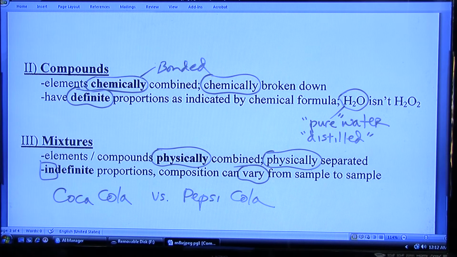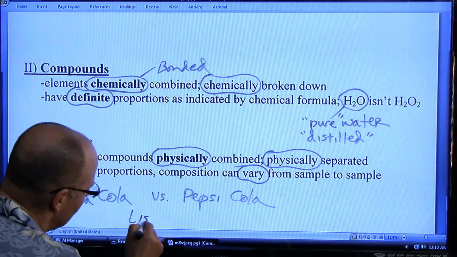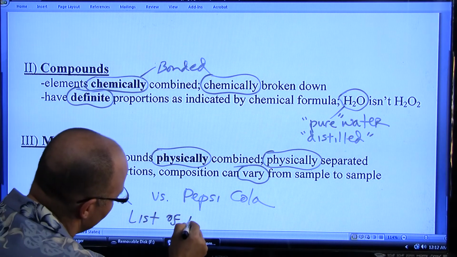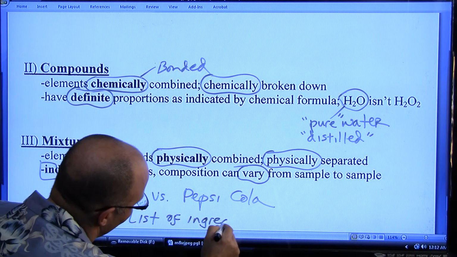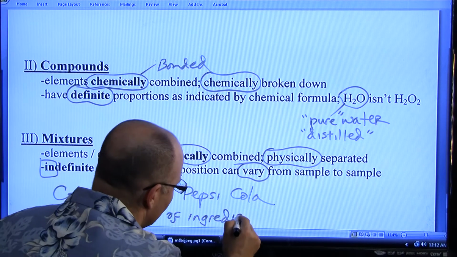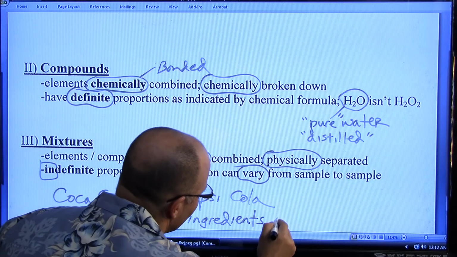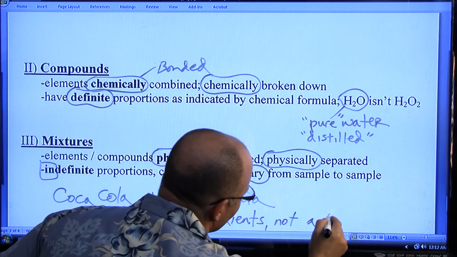So Coca-Cola is generally sweeter, has more sugar than Pepsi-Cola. Pepsi-Cola, even though it contains carbonated water, just like Coca-Cola, some people say Pepsi-Cola has more fizz. So that's totally up to the manufacturer. This is a list of ingredients. Not one formula.